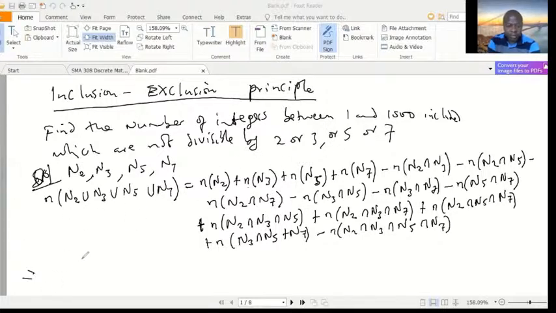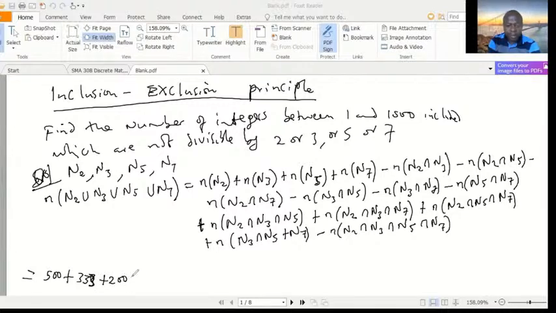So those divisible by 2, just 1,000 divided by 2, that will be 500. And then 1,000 divided by 3, that will be 333. And then 1,000 divided by 5, that will be 200.